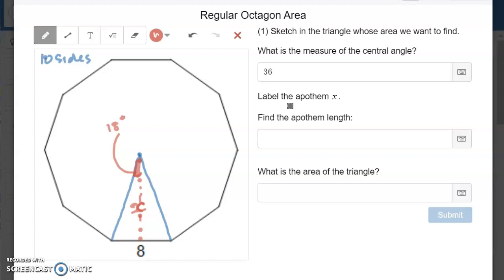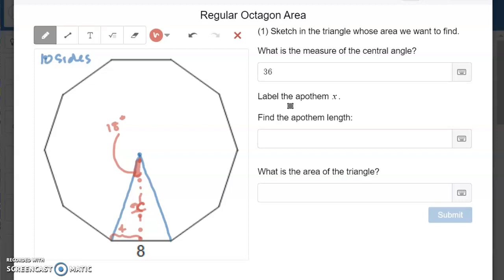So we need to figure out the bottom's length. What do we know? We know that the total side length is 8, so that means from here to there is going to be 4. So we have a triangle with an angle of 18 degrees, the opposite side being 4, and we have x, the bottom.